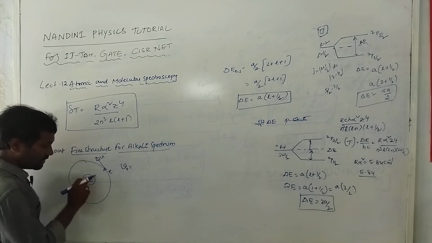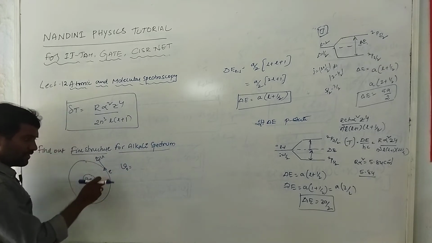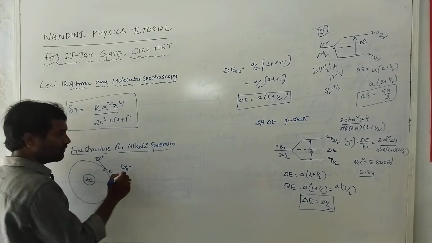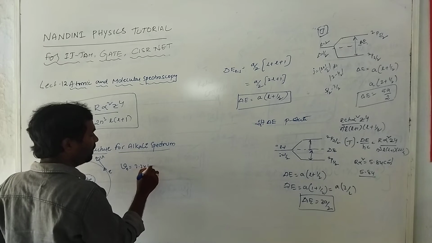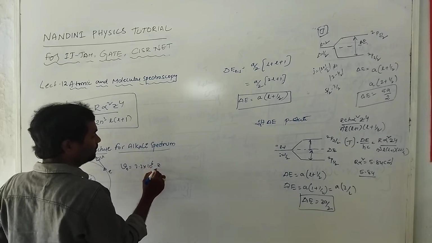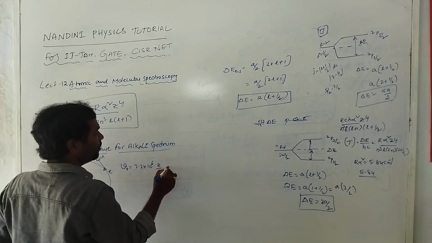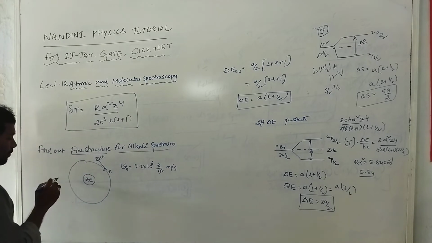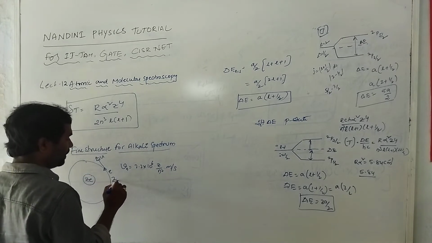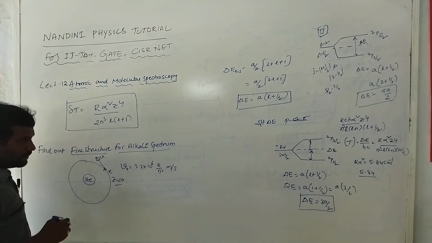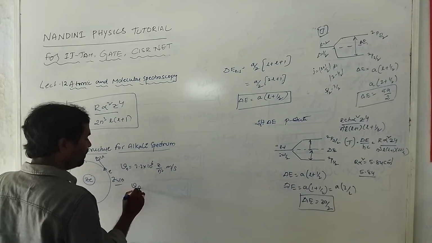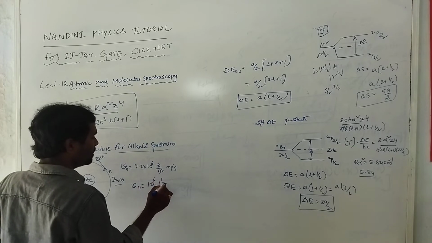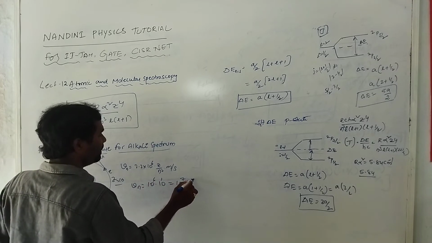That velocity is 2.2 into 10 power 6 Z by n square meters per second. If you take the proton number Z equal to 10 for the alkali spectrum, you will get the velocity Vn equal to 10 power 6 into 10 power 1, that is 10 power 7 meters per second.